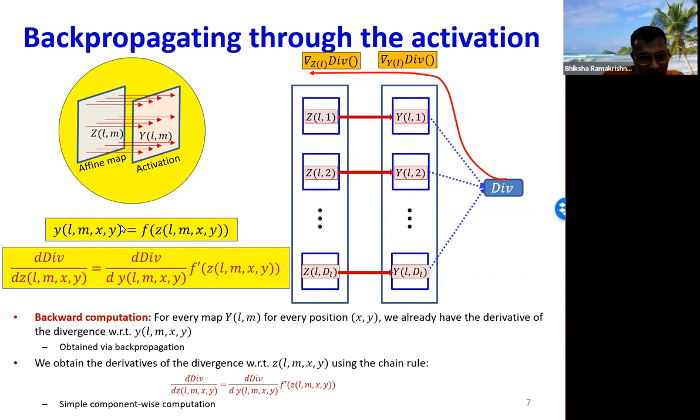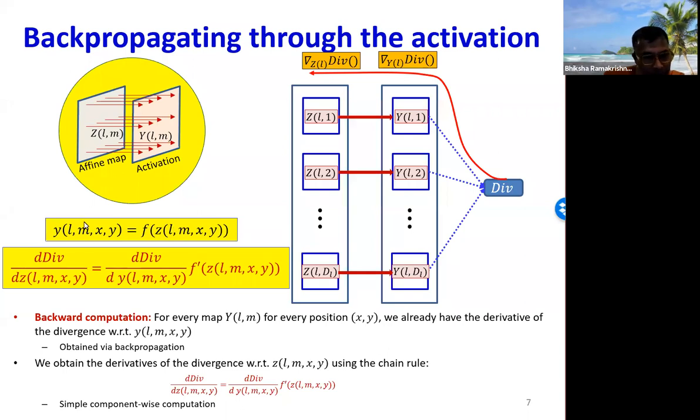So every component of every activation map in the Lth layer is obtained by applying the activation function to the corresponding component of the corresponding affine map in the Lth layer.